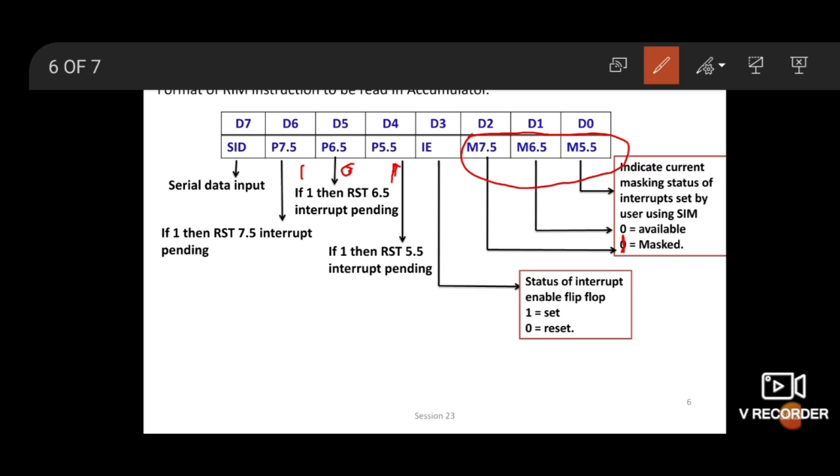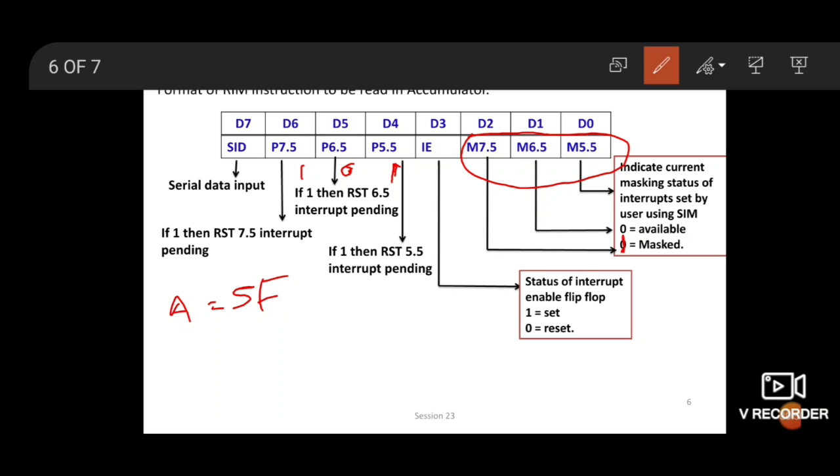Student, suppose in the exam this instruction is asked to explain with example. Then take any example, suppose the accumulator contains 5FH. How to write it?